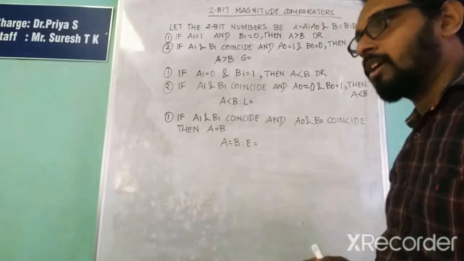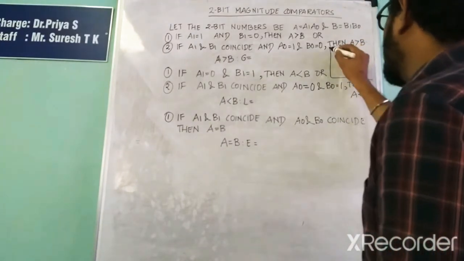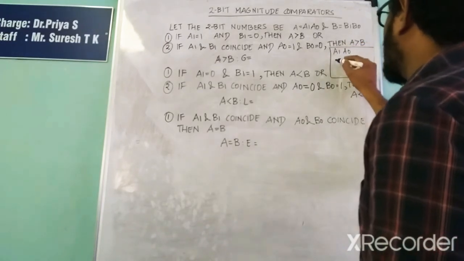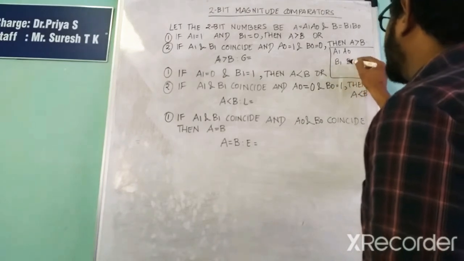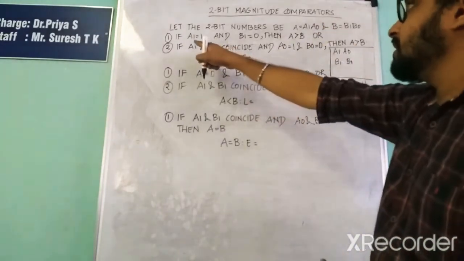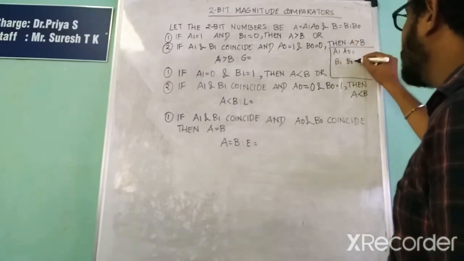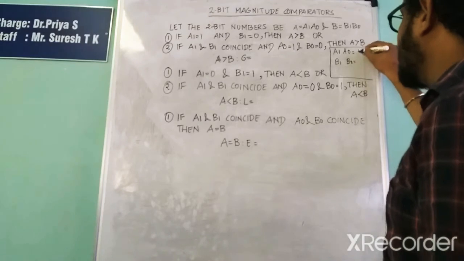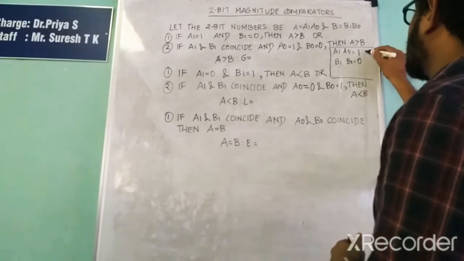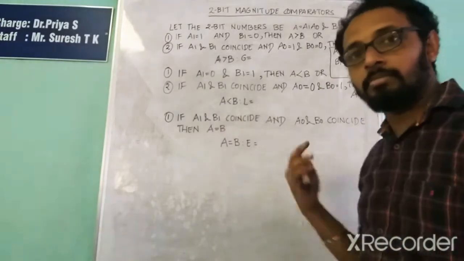For a better understanding, in this part I will give you examples. A1 A0 and B1 B0. What is the first condition? If A1 is 1 and B1 is 0, it can be anything on the A0 side and B0 side.